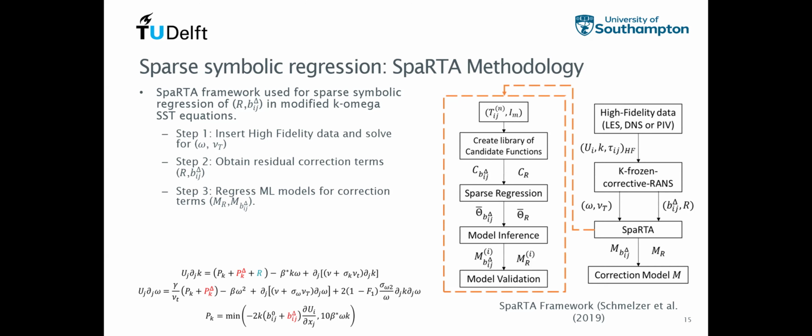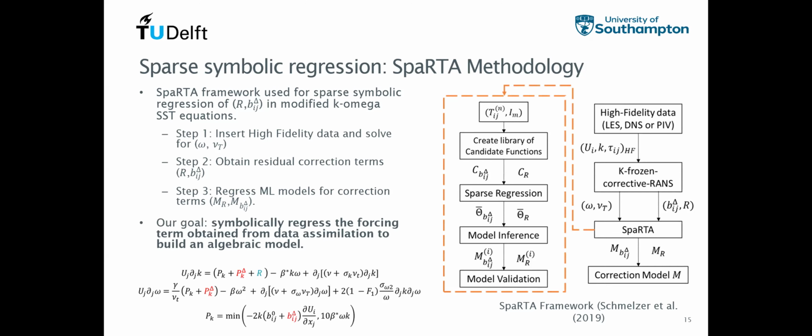But what we wanted to do was use the forcing that we get from data assimilation and try to regress the forcing, as opposed to regressing terms in the turbulent transport equation. So originally, what Sparta has been doing is using high fidelity data and regressing the turbulence anisotropy and the production term in the turbulent kinetic energy.